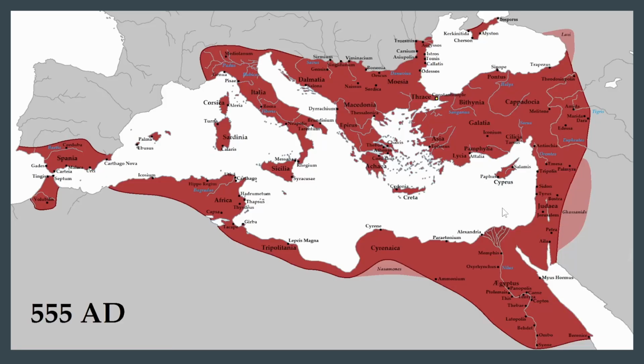Alright, so here's a map of the Roman Empire at 555 AD, or CE, as we would like to call it in this class, Common Era. Okay, 555 CE. So the area in red is the Roman Empire.